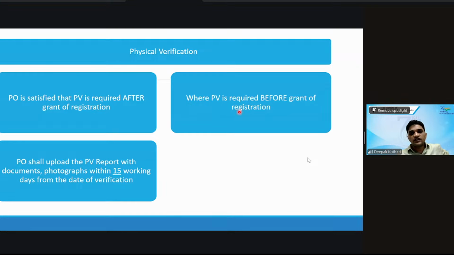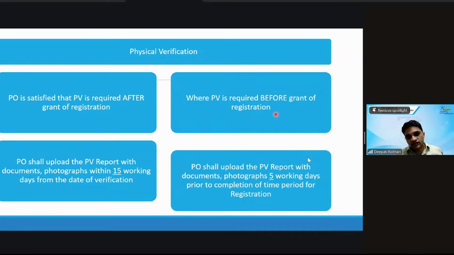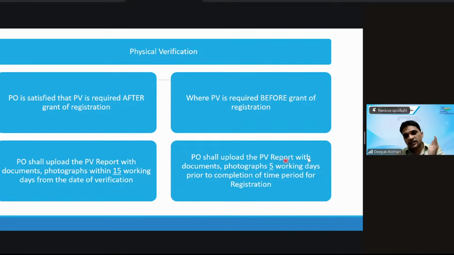And where physical verification is required before the grant of registration, then PO shall upload the physical verification report. Jab I have not done Aadhaar authentication, then physical verification is compulsory. No, the officer cannot do it at the nth moment. He will have to do it at least 5 working days prior to the completion of the time limit. जैसे 30 days का time limit है, right? Within the 25th day, he has to upload it. It's not that 30 days time है तो आराम से सो सकता है, नहीं.